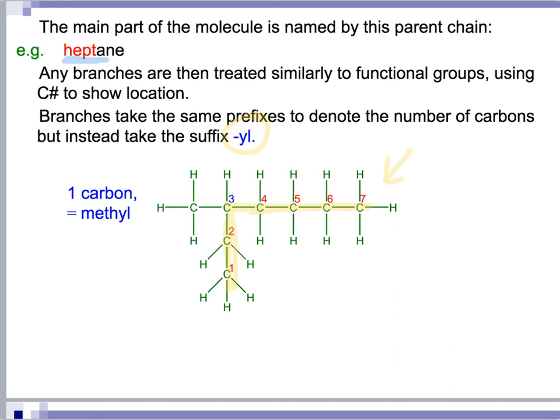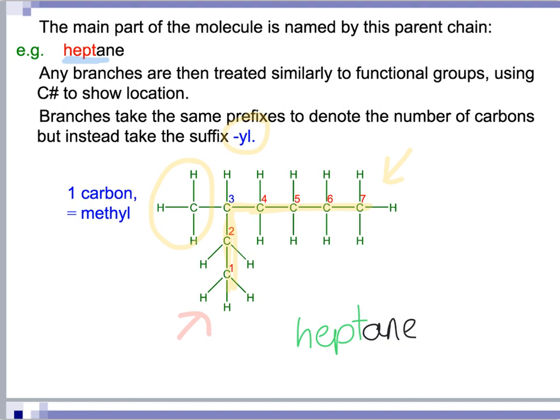Because what we want to do is we want to start the numbering closest to the first point of interest, which is right here. So I number from the bottom, in fact, and I've already numbered it here, 1, 2, 3, 4, 5, 6, 7. So my parent chain is hept, and they are single bonded, so heptane.